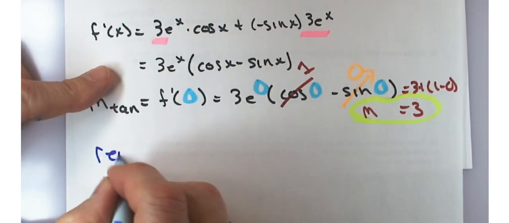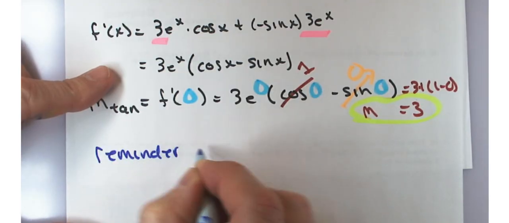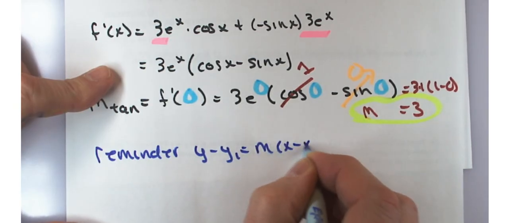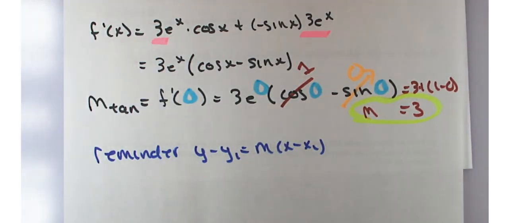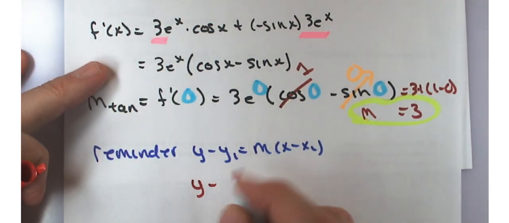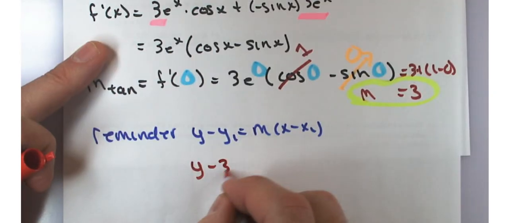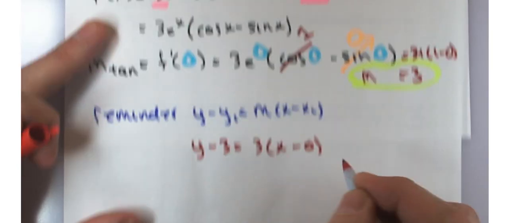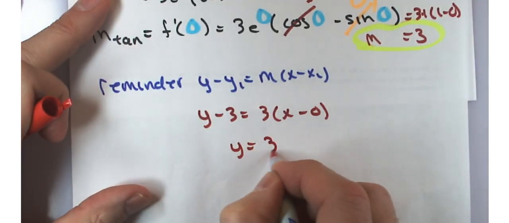So reminder, y minus y1 equals m times x minus x1. And we've got our y1, x1, and our slope. So it's going to be y minus 3 equals 3 times x minus 0. Or in other words, y equals 3x plus 3.